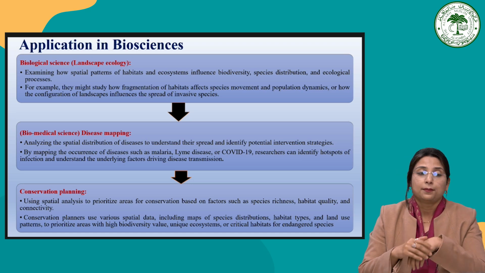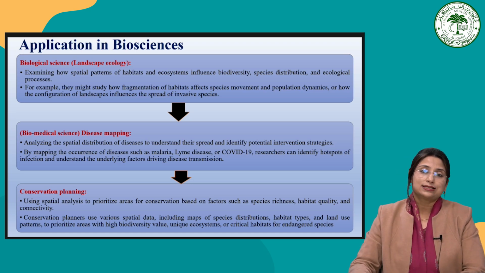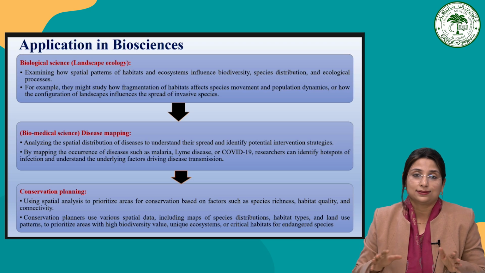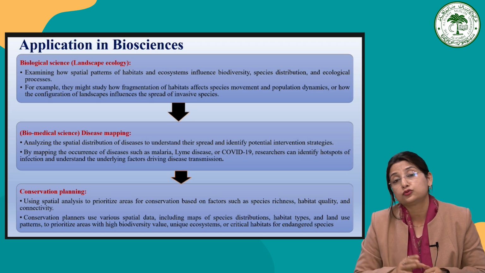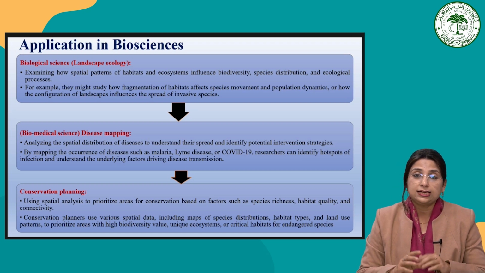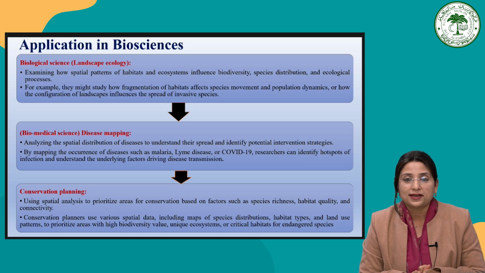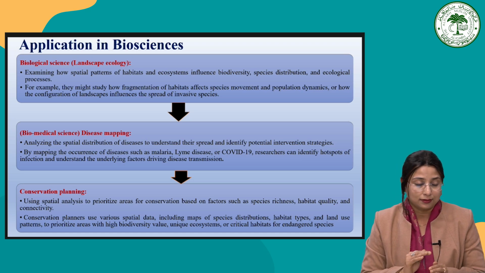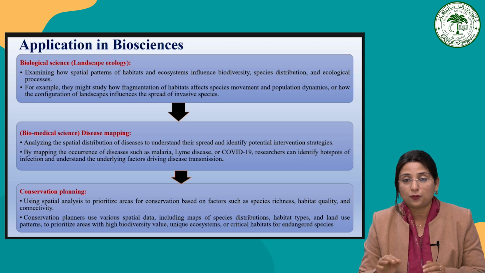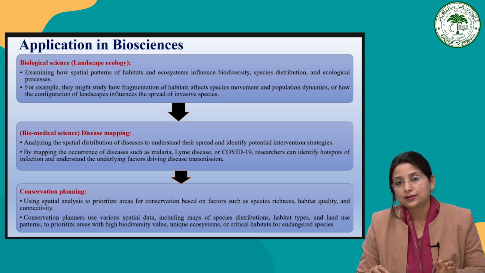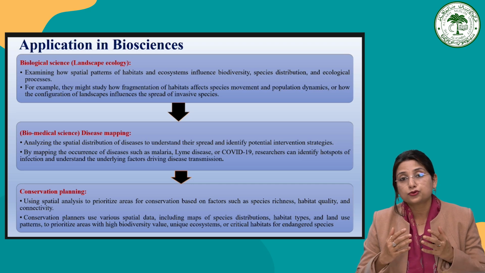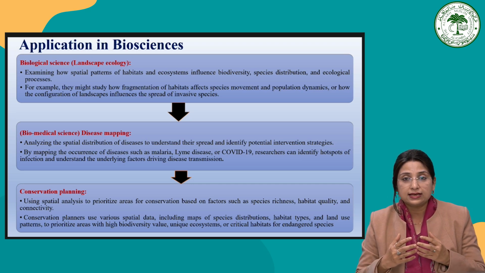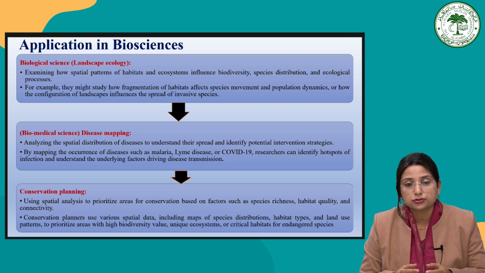Not only this, but in biomedical science, related to biomedicine itself, spatial analysis is very useful nowadays in disease mapping. Not only nowadays, disease mapping through spatial mapping is a long-ago, ancient process that was also represented in a very spectacular way by John Snow.